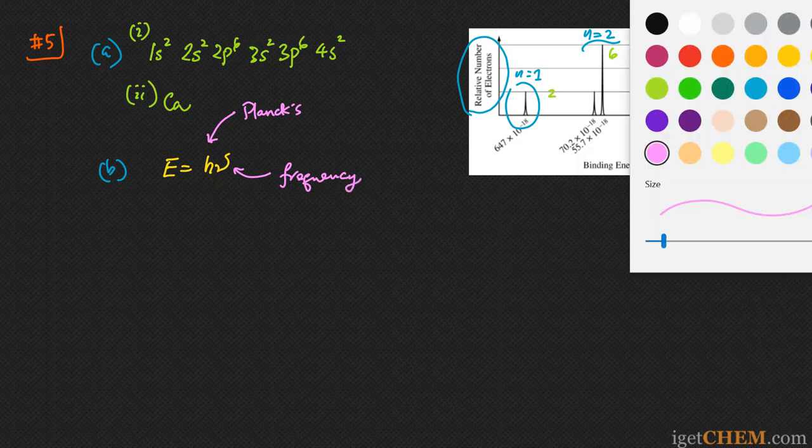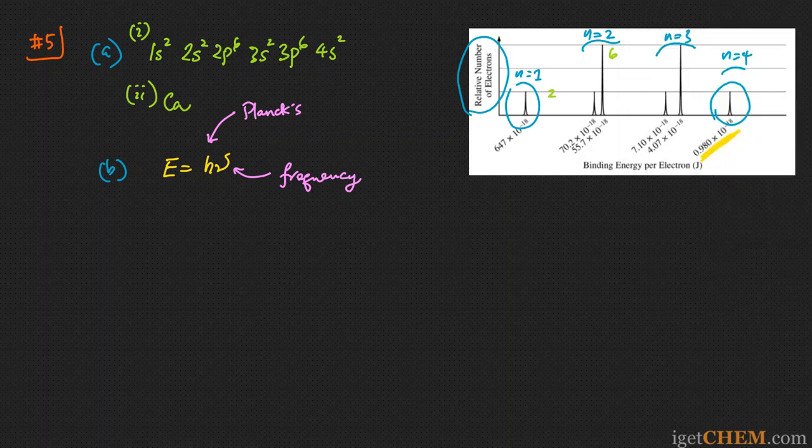There is another relationship on the equation page, which relates the frequency with the wavelength, because part B asks you to calculate the wavelength. The wavelength and the frequency are related to each other by the speed of light. And that is the speed of light, c, is equal to lambda, the wavelength, times nu, the frequency.